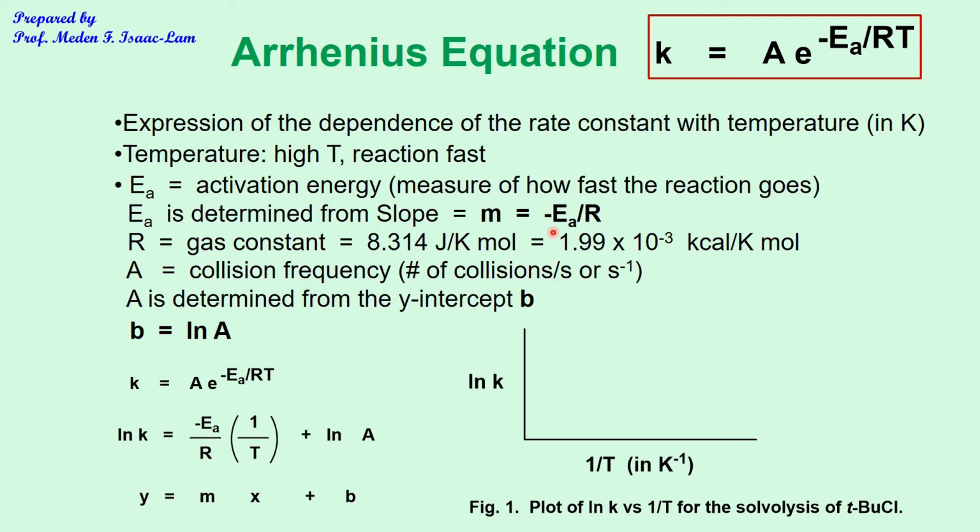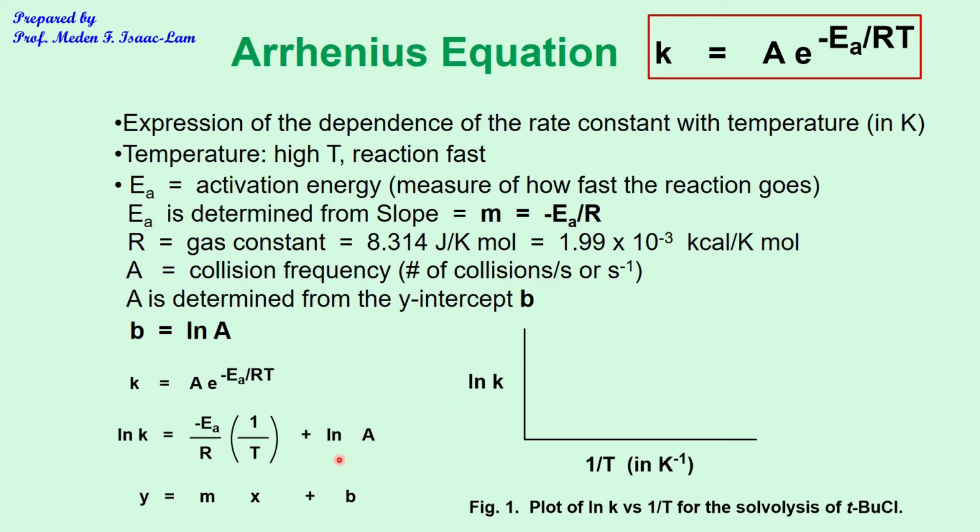To get EA, you multiply the slope times the R. The R can either be 8.314 joules per Kelvin per mole or 1.99 times 10 to the minus 3 kilocalories per Kelvin per mole. If you're using this, the unit of your EA is going to be joules per mole. If you're using 1.99 times 10 to the minus 3 kilocalories per Kelvin per mole, the unit of the EA is going to be kilocalories per mole.